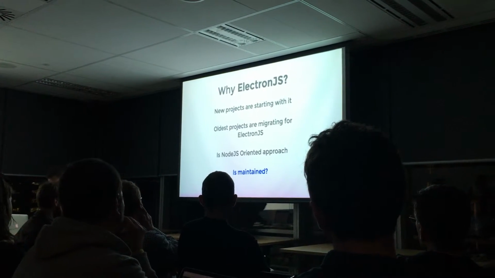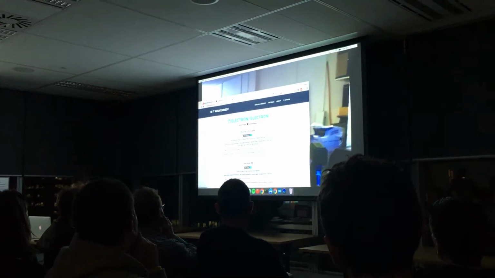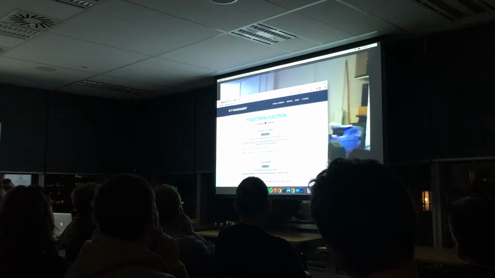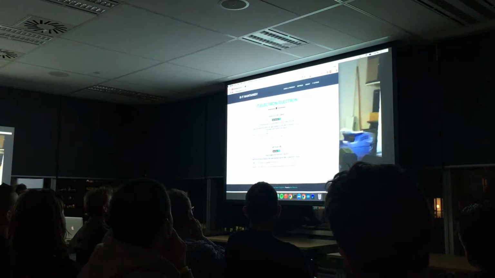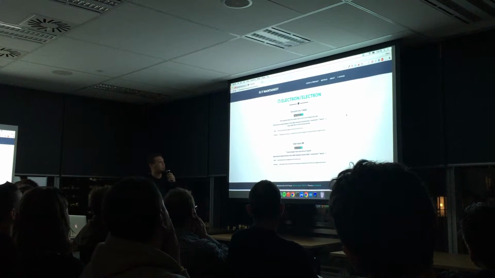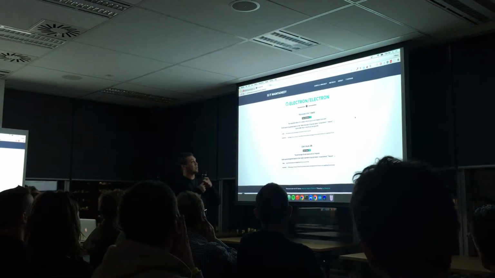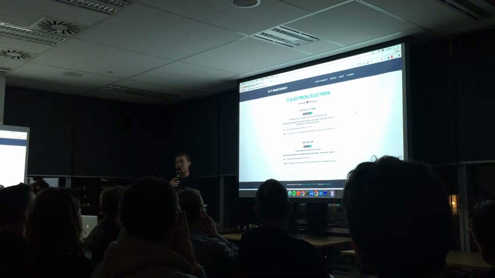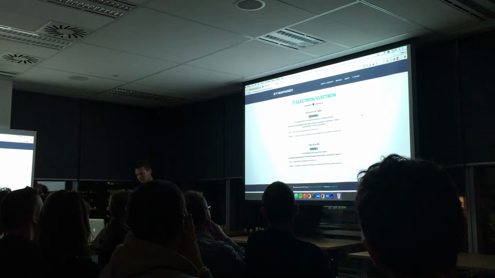Let's take a look. It's just a simple repo showing the problems, resolution time, and open issues. So it's good to know if the project is active or not.